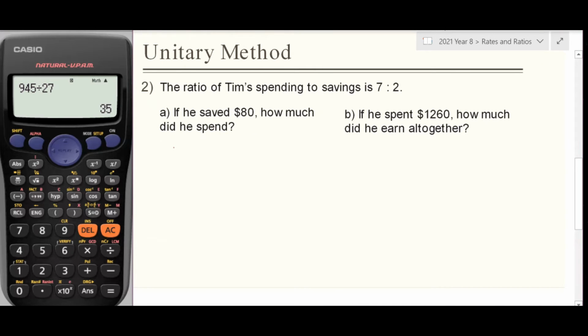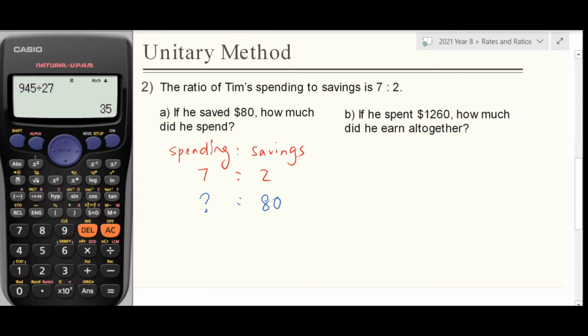So writing down spending, savings, in a proportion, 7:2. And if he has saved 80, that means you're going to put 80 in the savings column. How much would he have spent, or could he spend, if he was to keep the same ratio?